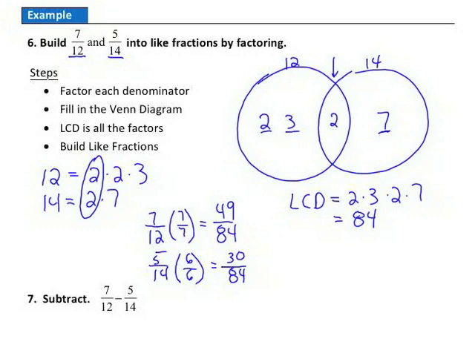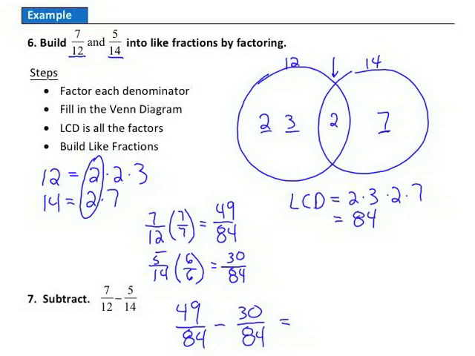Example 7. Subtract 5/14 from 7/12. Well, we're going to have to replace these fractions with the new equivalent fractions we found in question 6. So let's see, 7/12 is going to get replaced with 49/84. And we're going to replace 5/14 with 30/84.